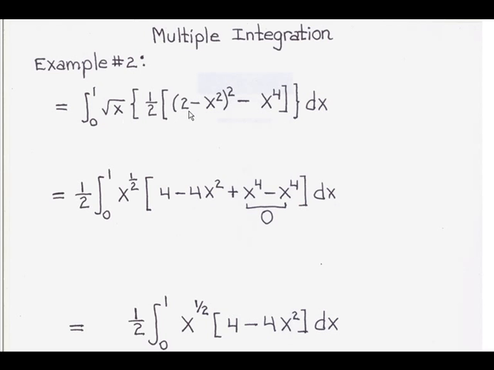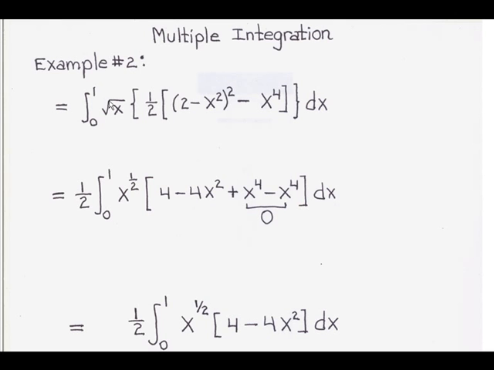We now have 1/2 times (2 minus x squared) squared minus x squared, dx. Expanding this inner function and simplifying, we take the 1/2 out because it's a constant, times the integral from 0 to 1 of x to the 1/2.